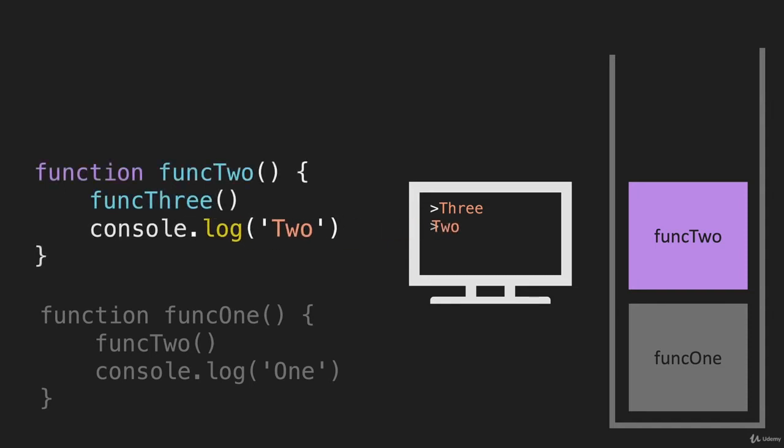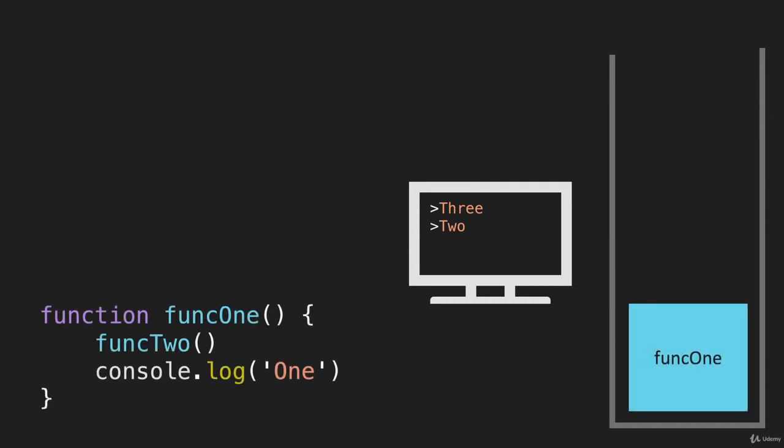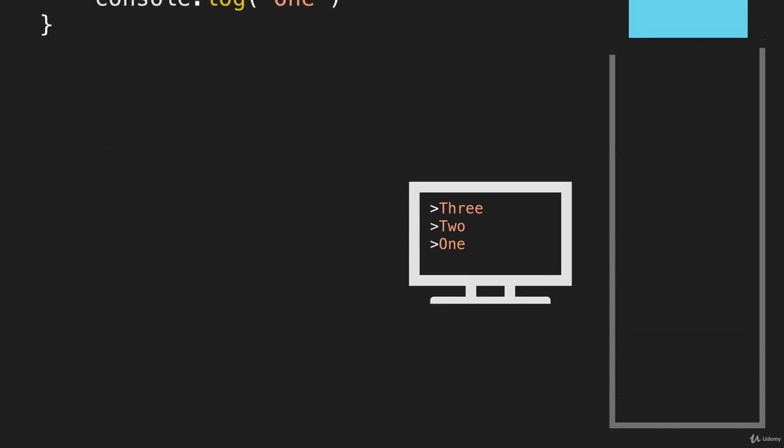Now we can console log out that 2, and now function 2 is done, and we can remove that from the call stack. Likewise, function 1 was waiting for function 2 to be done, and it can now console log out the 1, and now we can remove function 1 from the call stack.